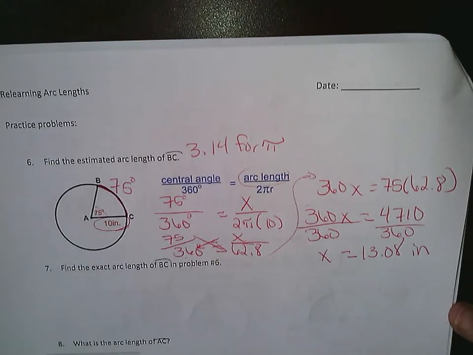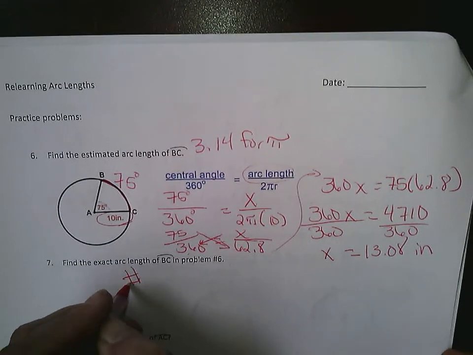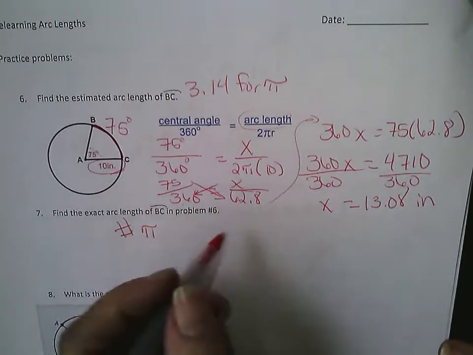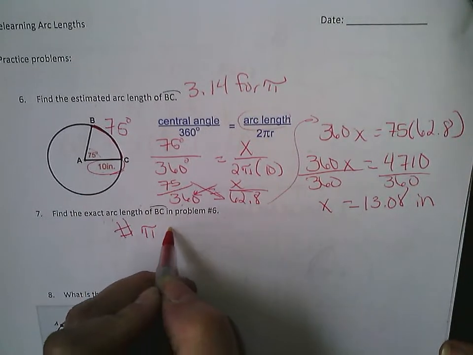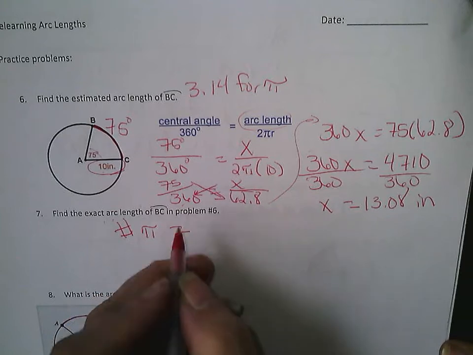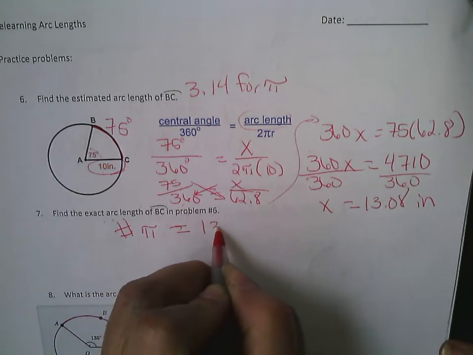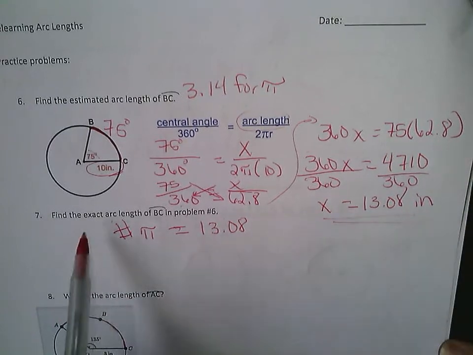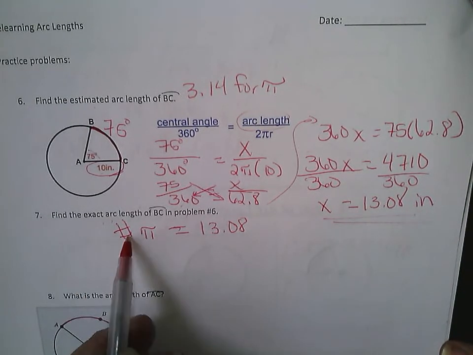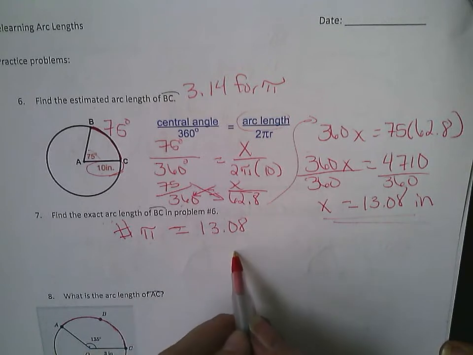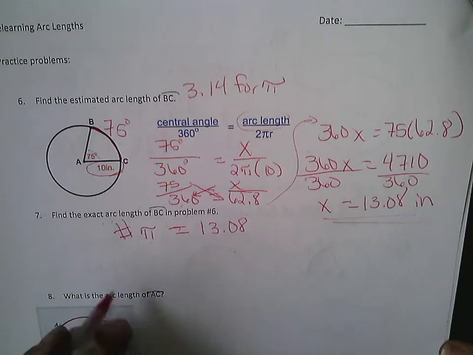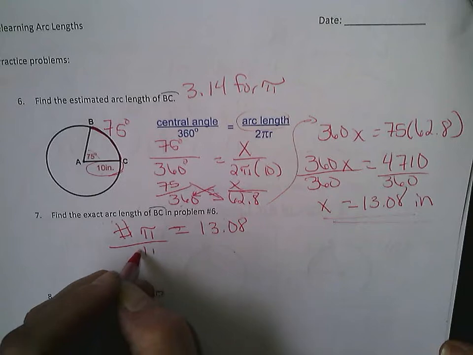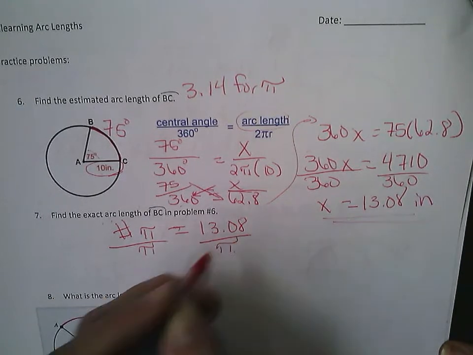So we can redo the problem again if we need to, or we can say that there is a number times pi for our exact length that will equal our arc length, 13.08. So this is our estimated amount. Our exact is a number times pi equals 13.08. Divide both sides by pi. We can figure out what that number is in the beginning.